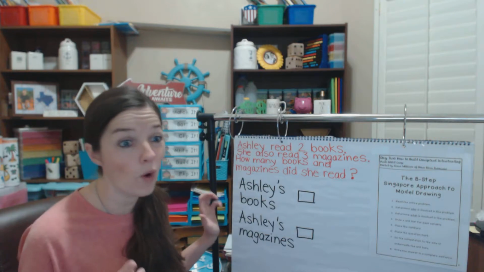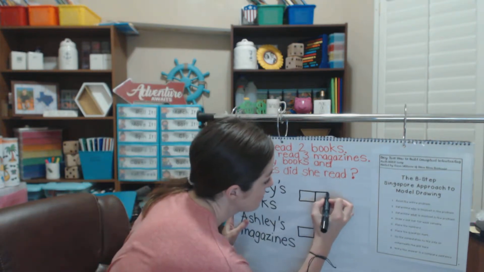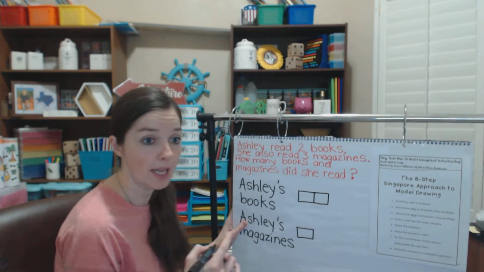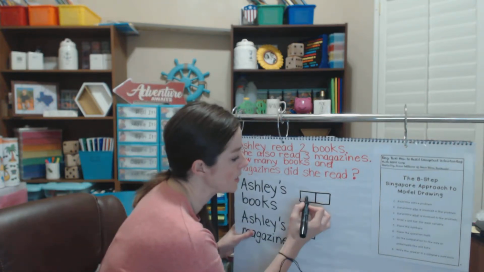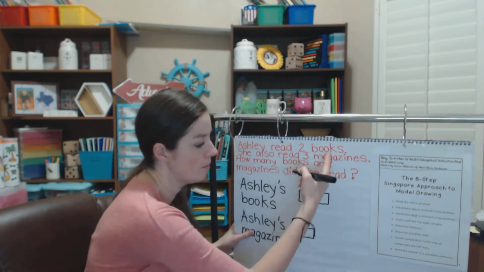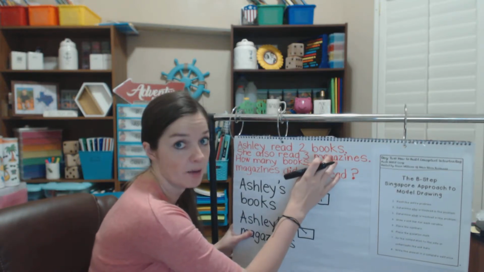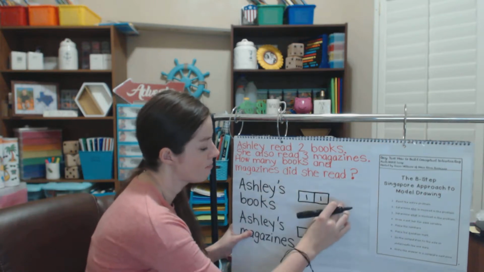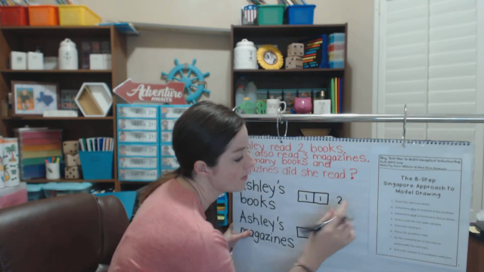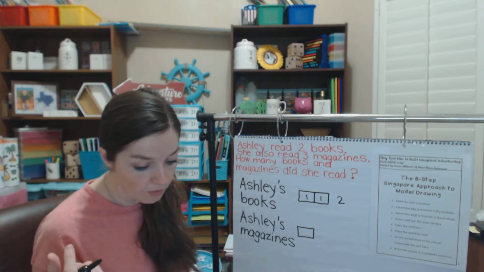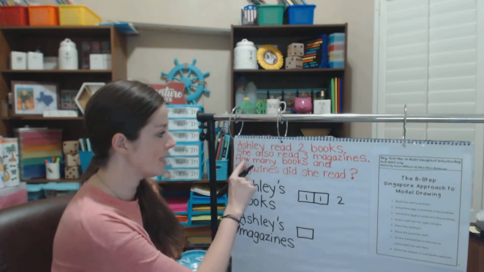So we need to add 1 more unit bar. And we want to make sure we're labeling each unit. So this unit represents 1 book, and this unit bar represents the second book. So together, Ashley's books, there's 2. Okay? Now we're going to move on to the second sentence.